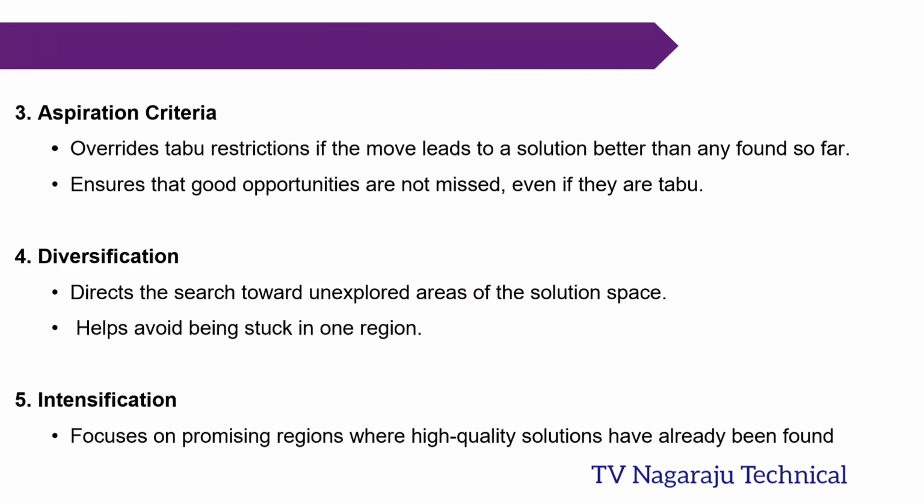What is the third component? Aspiration criteria. Each Tabu memory contains some restrictions. What is the restriction? If you are getting a better solution, then only you are allowed to move. But aspiration overrides the Tabu restrictions if the move leads to a solution better than any found.